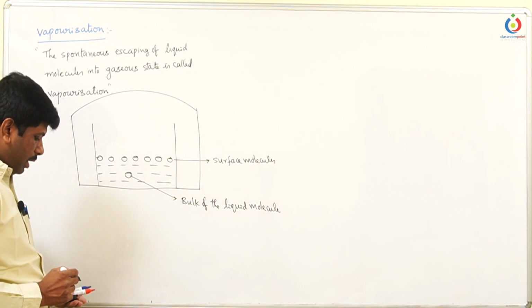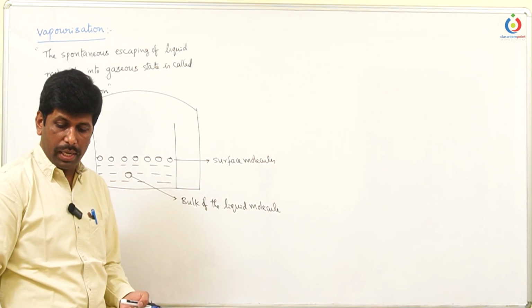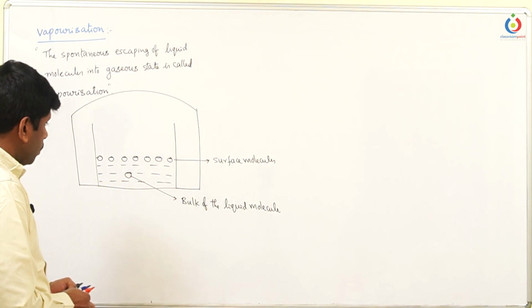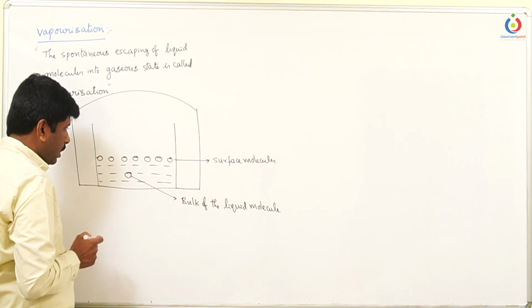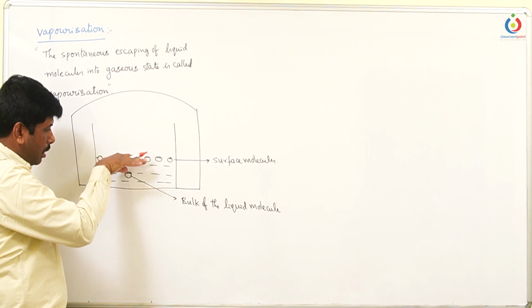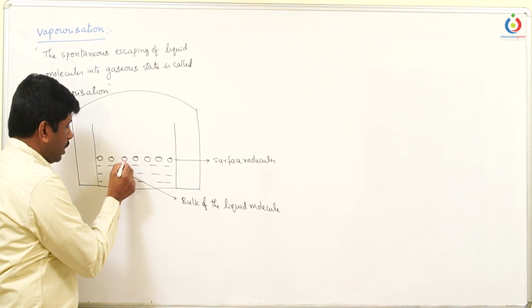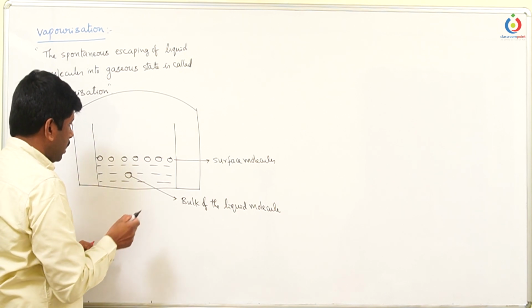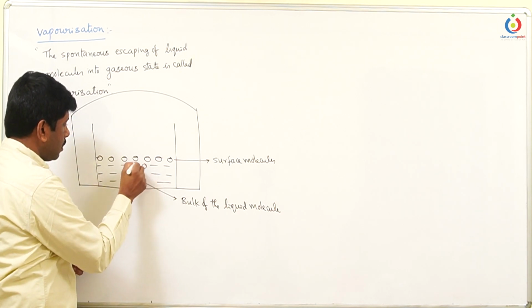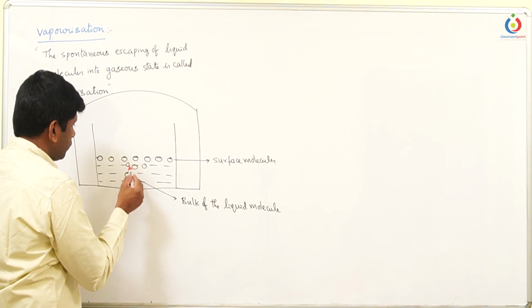Now these two types of molecules face different intermolecular attractions. If you see, the surface molecules are attracted only on this side, half side; the remaining half is completely free. So these molecules are attracted to the other molecules only halfway.